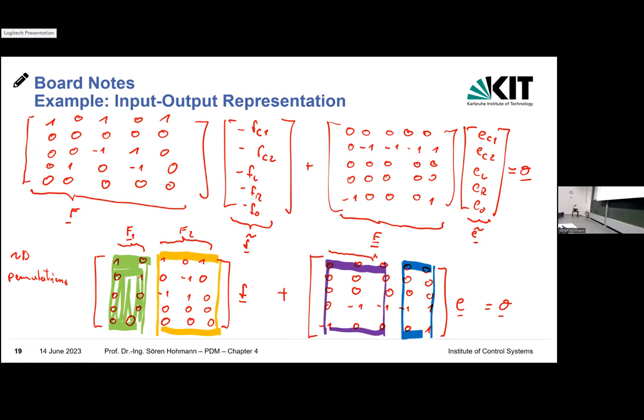Here we define the purple thing as E1 and E2. And with this, we can write down F1, F2, E2 all together. We end up with the following.